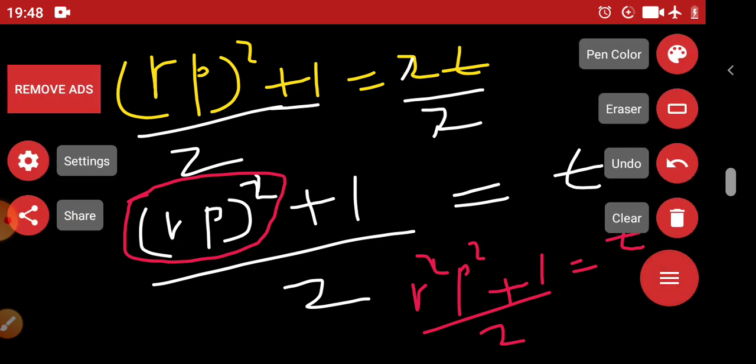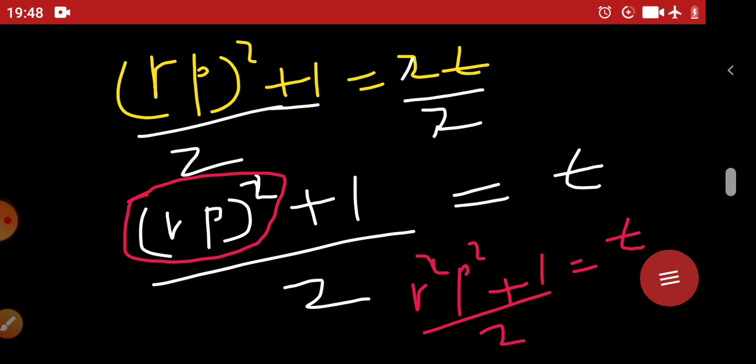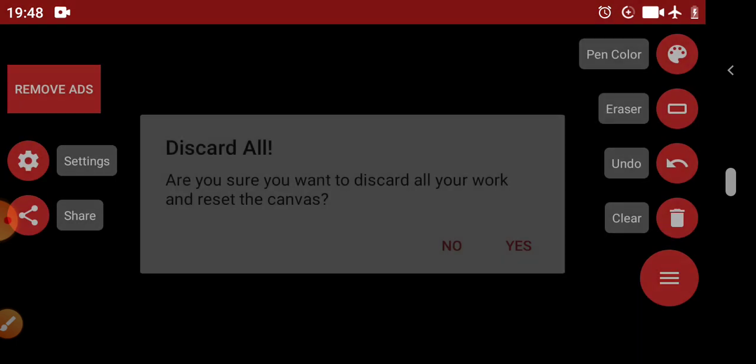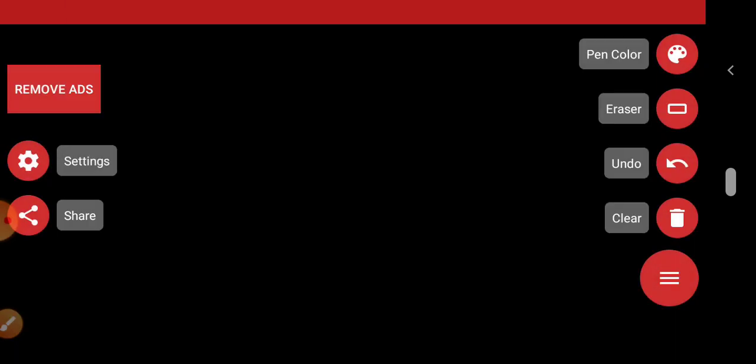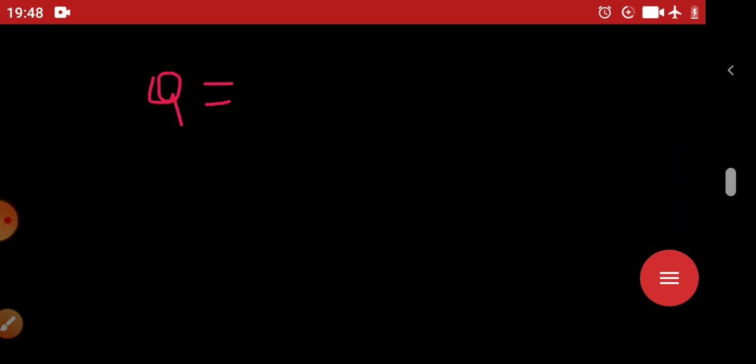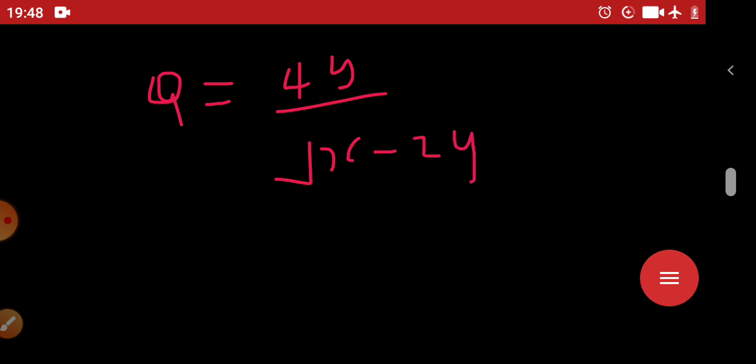So let's go to the next one, which will be f. So in f we have q is equal to 4y over the square root of x minus 2y.